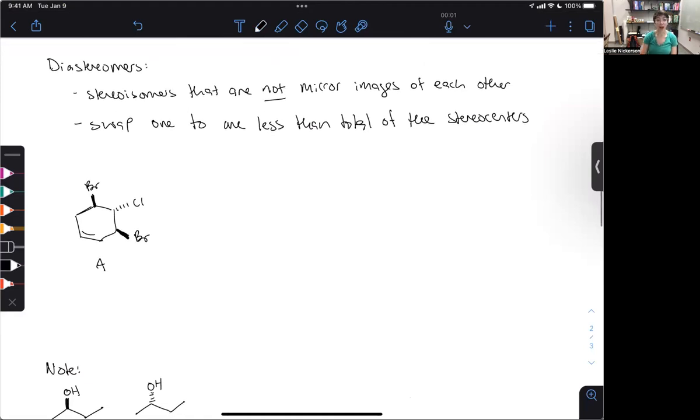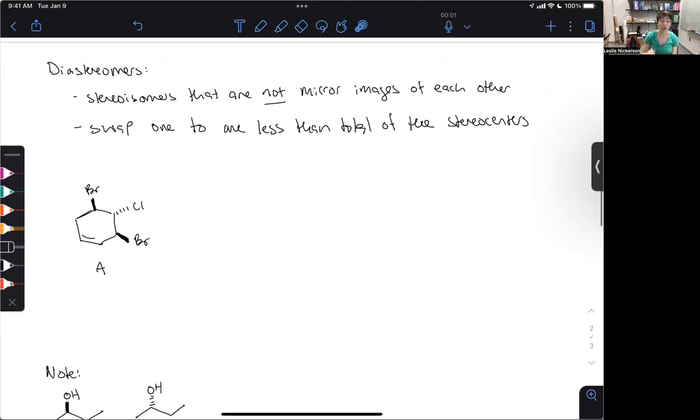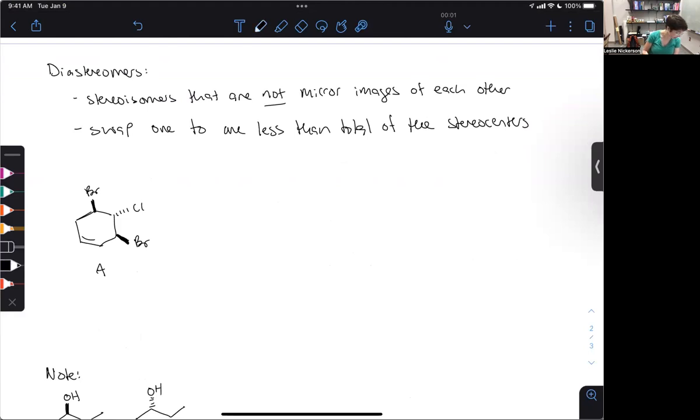So let's look at the A example that we have again. We can swap up to two stereocenters here. I've got three. If I switch all of them, I'm doing enantiomers, which we already did. So if I'm switching one or two, then I'm going to get diastereomers. That's a diastereomer. I just switched the chlorine atom from a dash to a wedge, right?